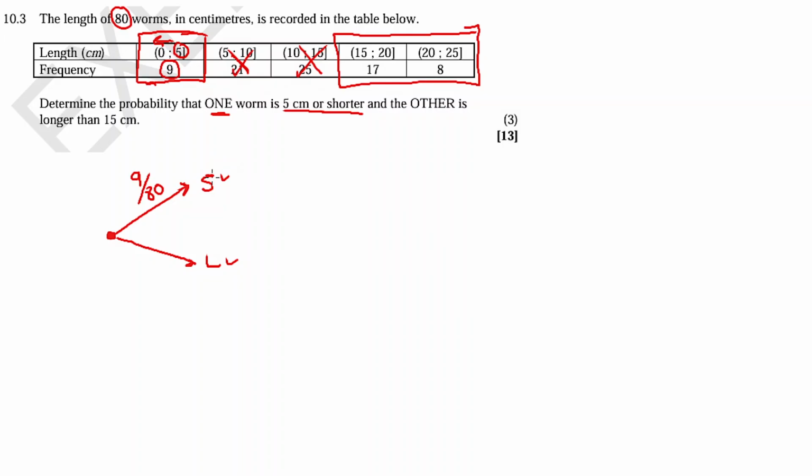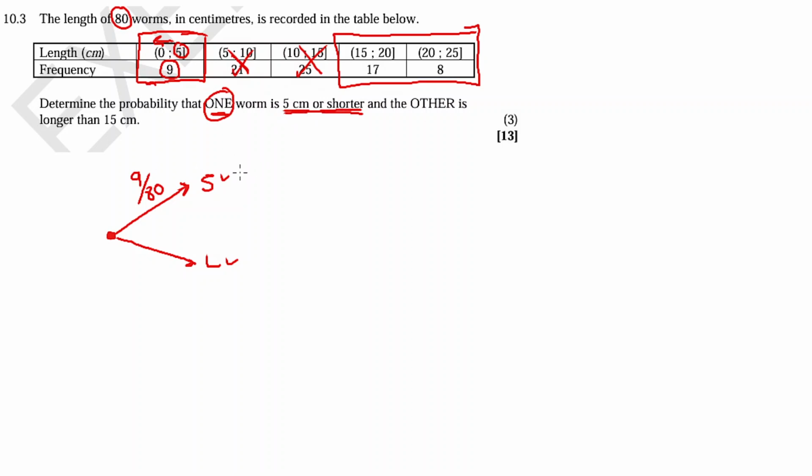Why? What's the better word? We want to see which of our worms fall in these two categories: one worm is 5 centimeters or shorter and the other is longer than 15 meters.